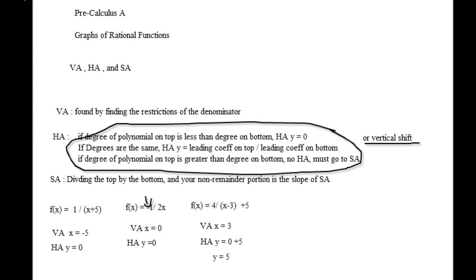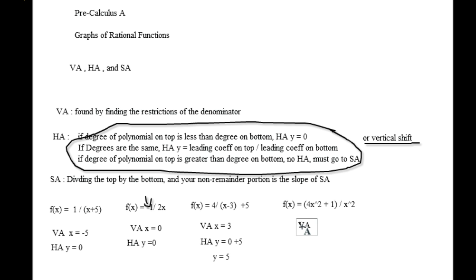Alright, now what if we were taking a look at something where the degrees were the same on top and bottom? So let's take a look at f of x equals (4x squared plus 1) divided by x squared. If you notice the degrees are the same, my vertical asymptote still stays the same.